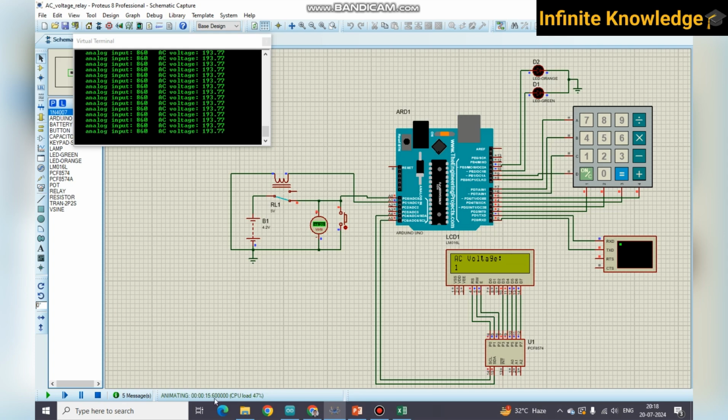Why I am explaining this is because I wanted to show that our calculation and our program are working very satisfactorily, and our actual calculation has generated a tripping.